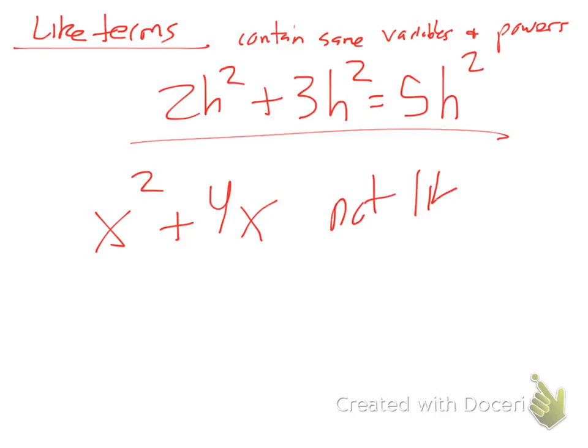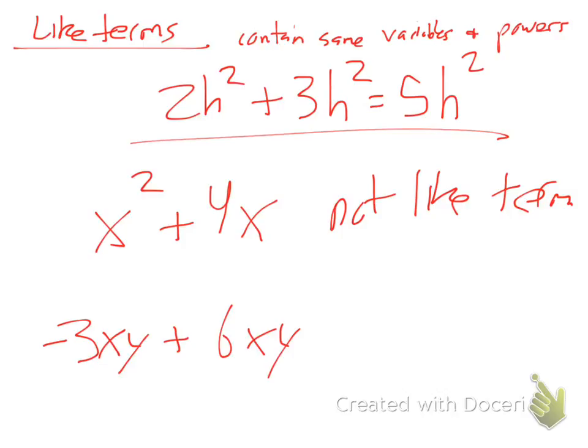Not like terms. What we want to do is say, hey, we could have a negative 3xy, and we could add 6xy. These are like terms. The same variables, x and a y together, and they both have a power of 1. So these technically are like terms.